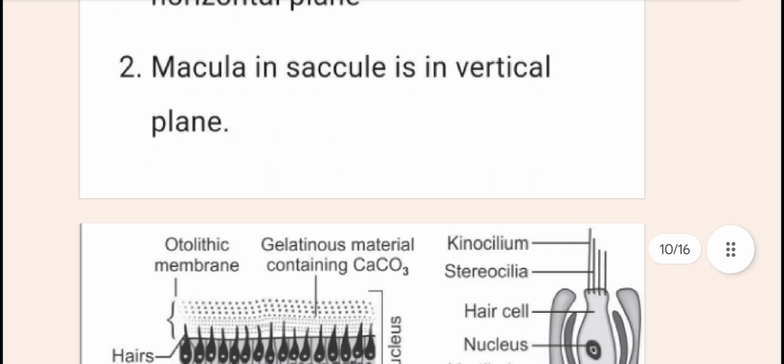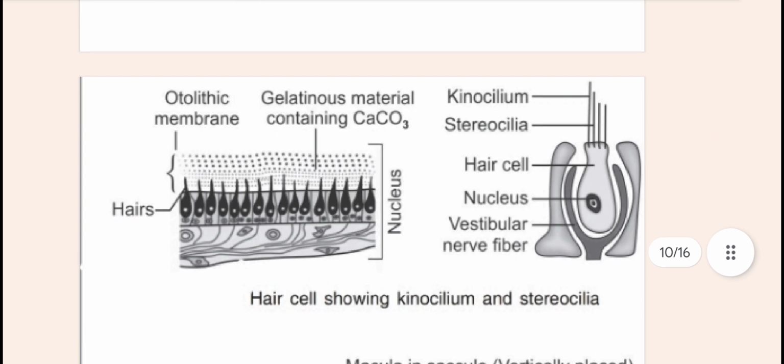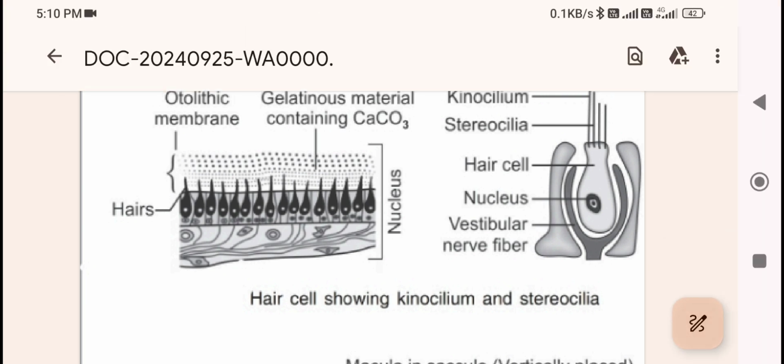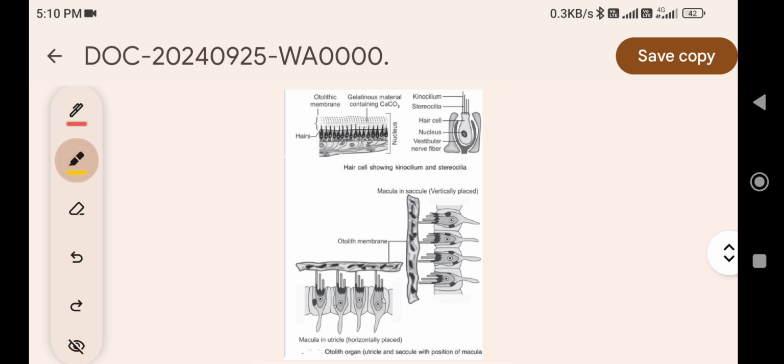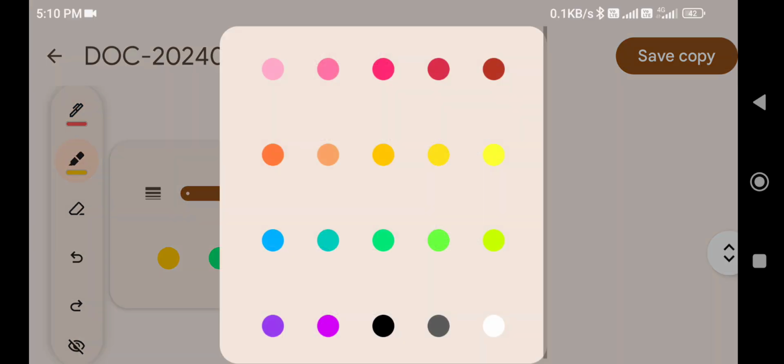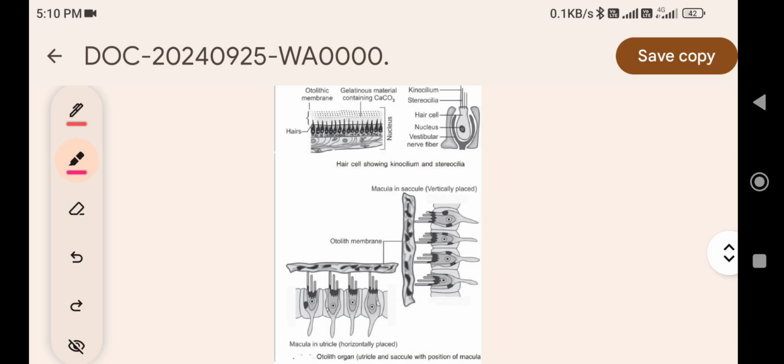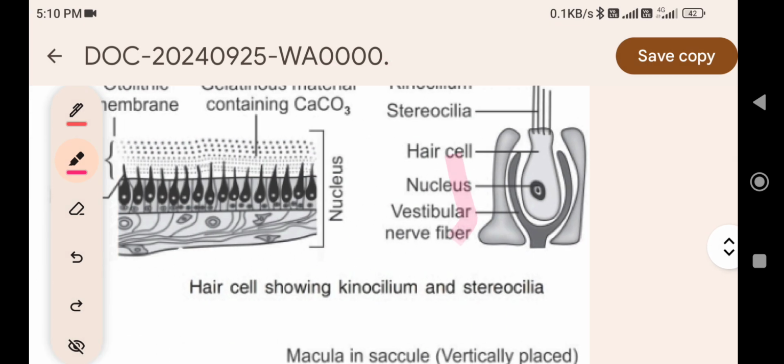This diagram is here. First we will see that figure. Okay, see this figure.